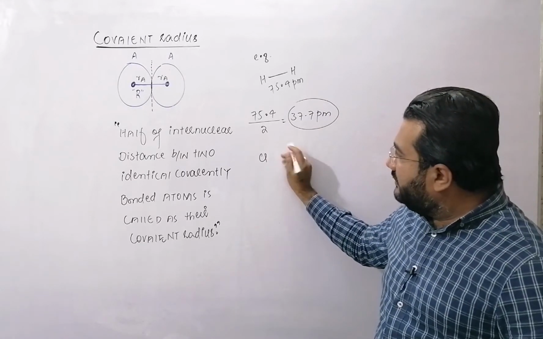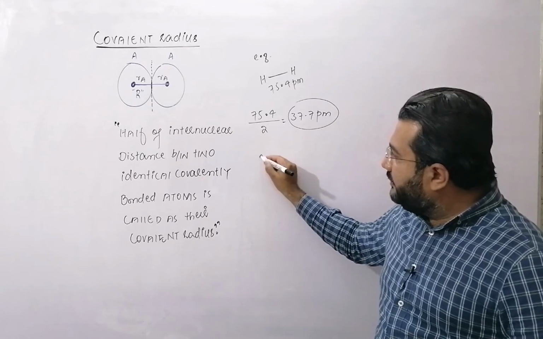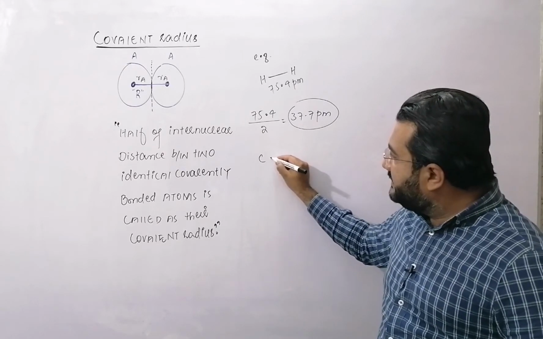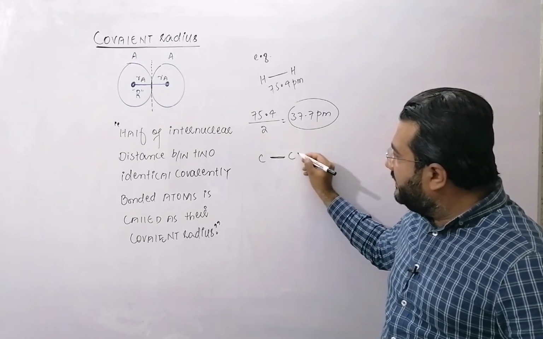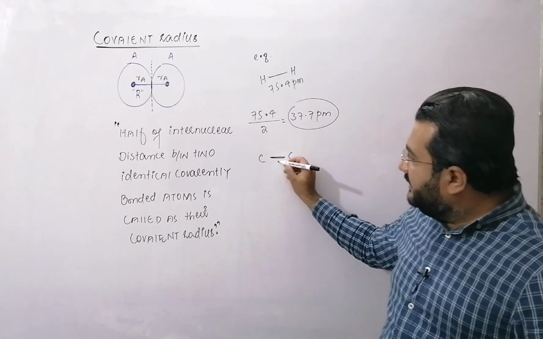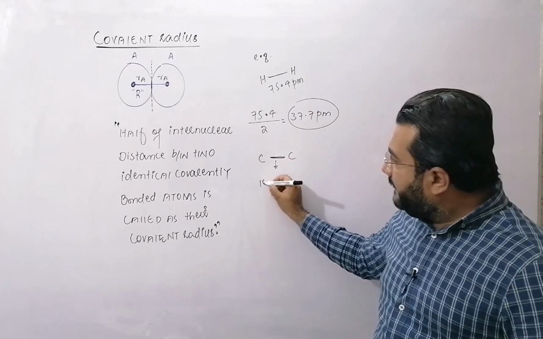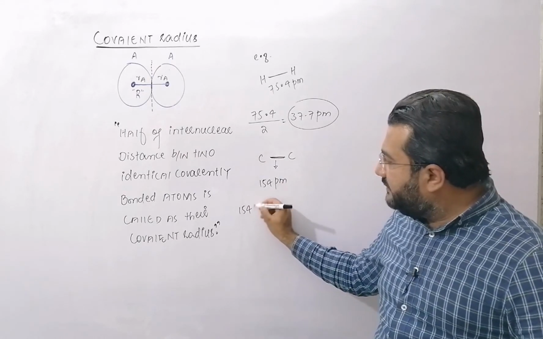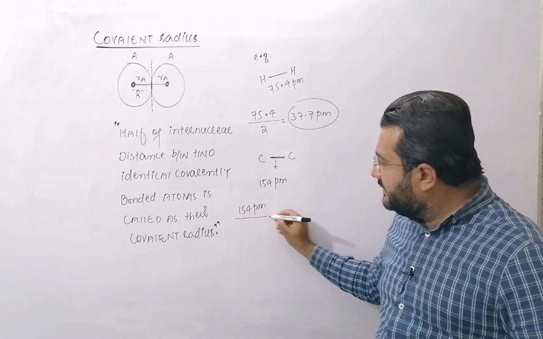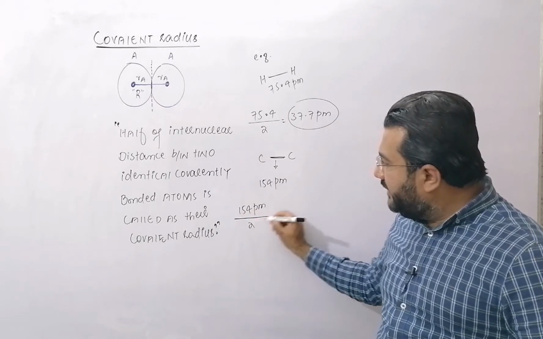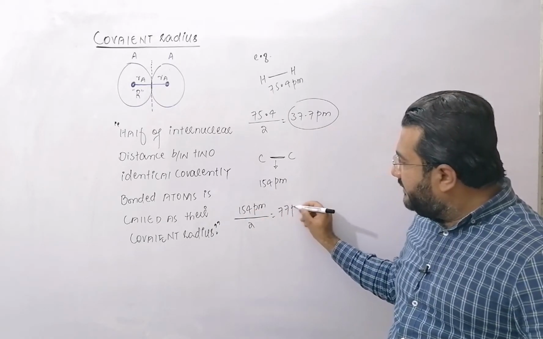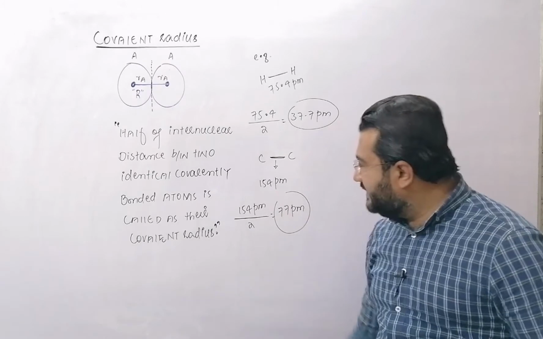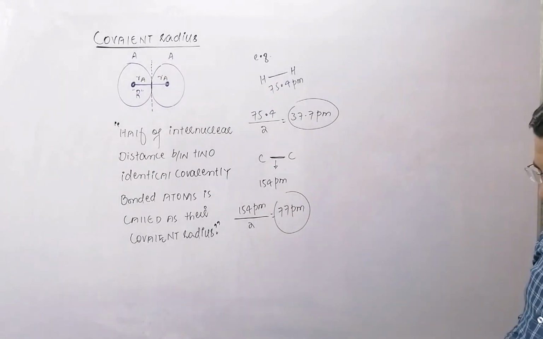Similarly, when two carbon atoms are covalently bonded to each other, whether the compound is organic or inorganic, it doesn't make any difference, then the internuclear distance is 154 picometer, and half of this internuclear distance will be equal to the covalent radius of the carbon atom, which is 77 picometer.